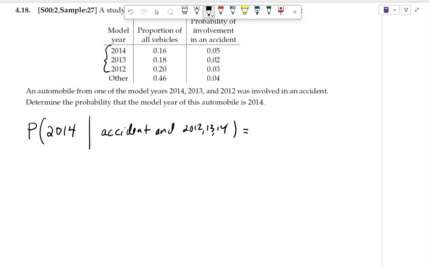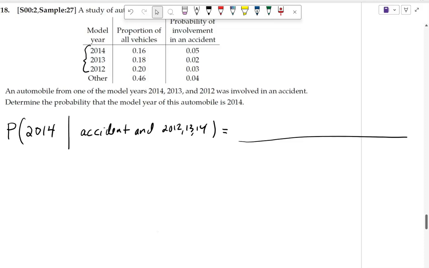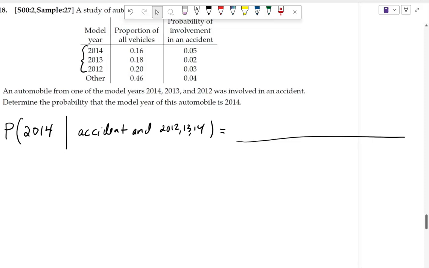How would we rewrite it first using the conditional probability formula? Probability of 2014 and accident in 2012, 13, 14. Okay, good.